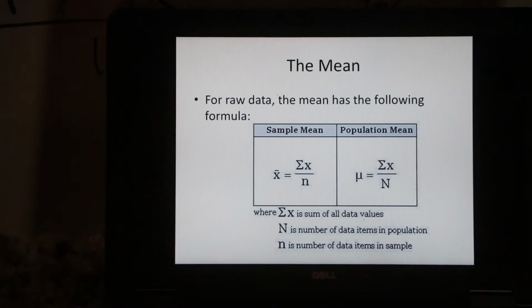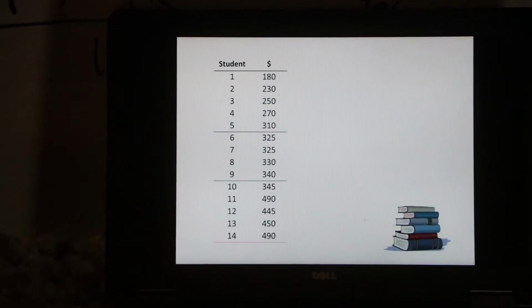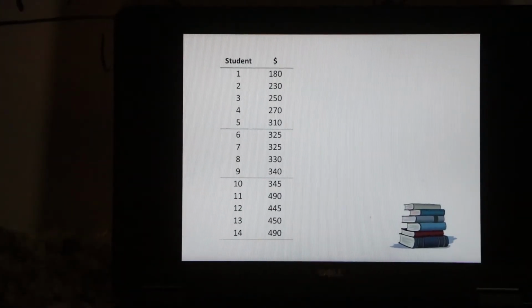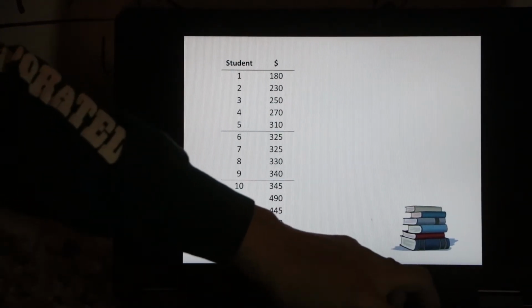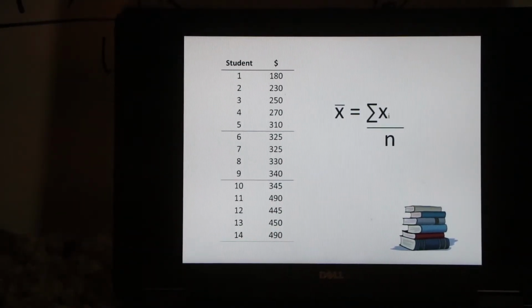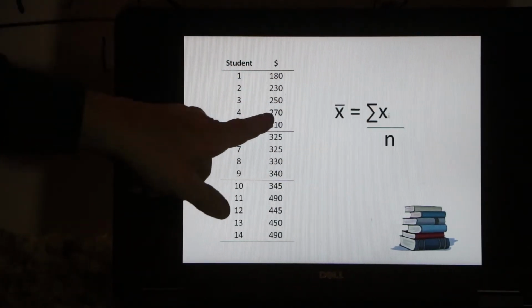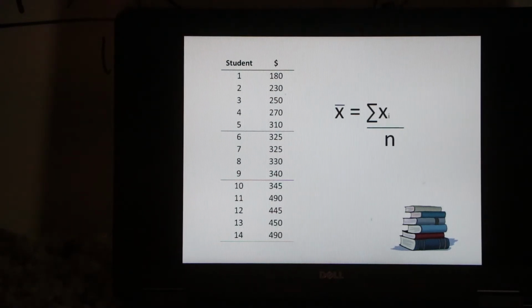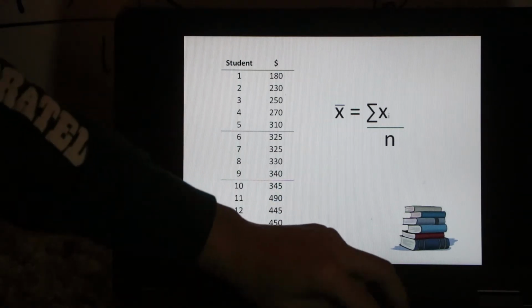So you've all calculated an average before. That's all that is. So let's look at that as an example. Here's back to our example of 14 different students who have spent varying amounts of money on books for a particular semester. And essentially, in order to calculate the mean, you're going to take every single one of these values and take the sum of all of them and divide by n, which is 14, because that's the number of students we have.